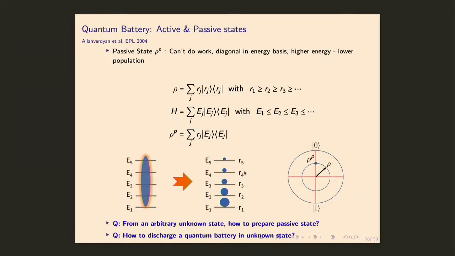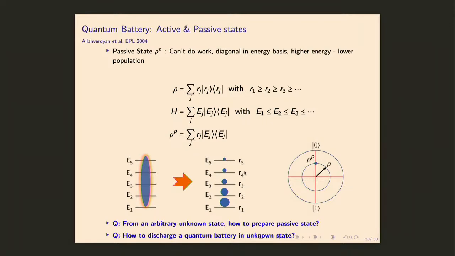But this condition should hold: as the energy increases, the population should decrease, and it should be diagonal in the energy basis. That is a passive state. So rho is this, it's diagonal in the energy basis, and the Hamiltonian is this, and then the passive state is defined this way.